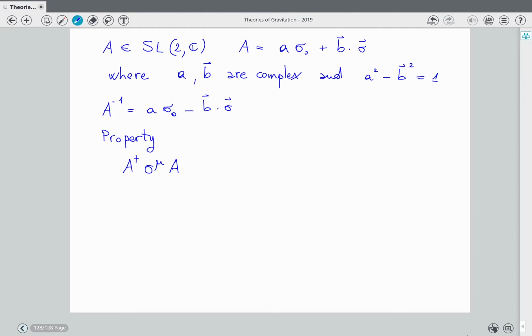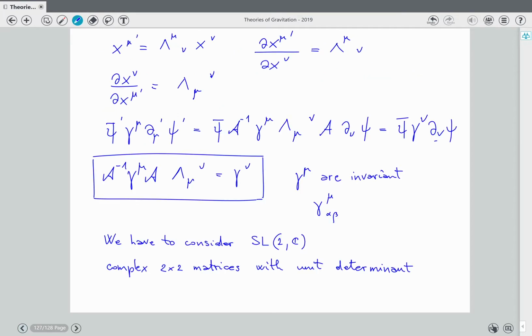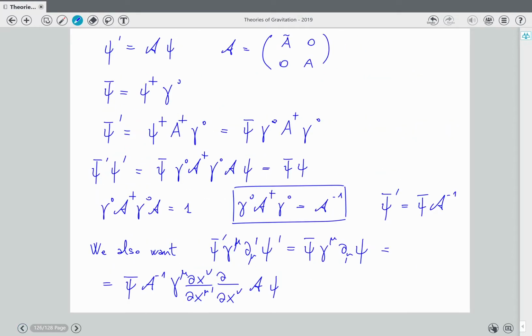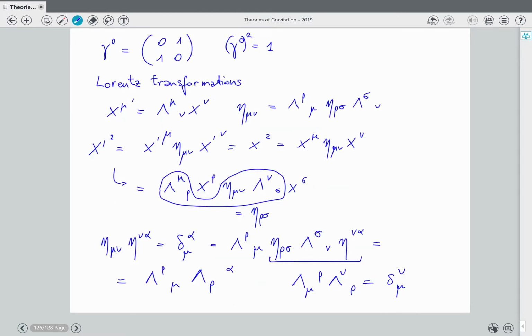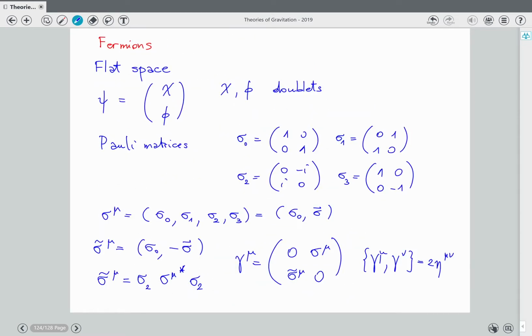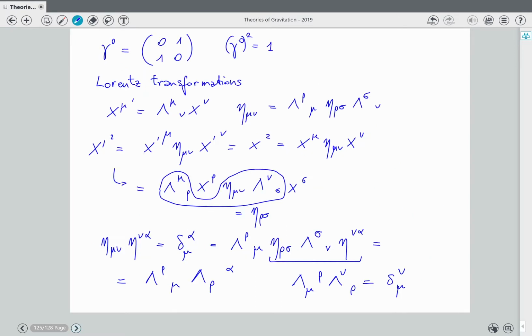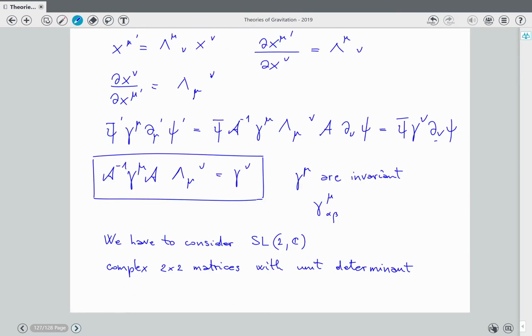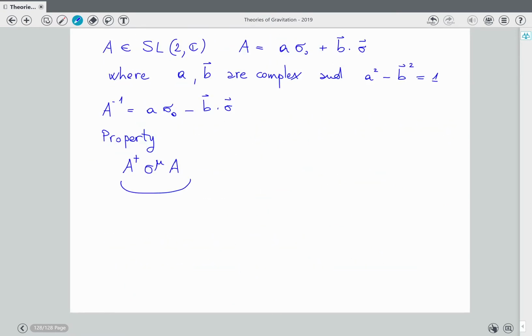Now, one thing that we have not said about the matrices sigma mu is that they are Hermitian, as you can check. So this is Hermitian as well, and can be expanded in a basis of Hermitian matrices. Well, you can prove that that is a Lorentz transformation.